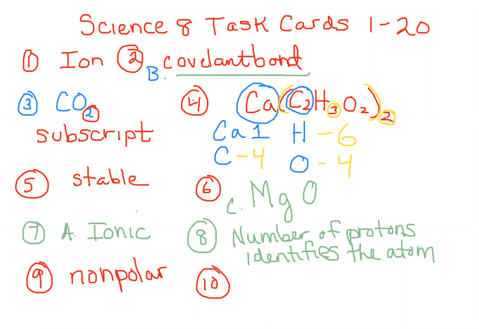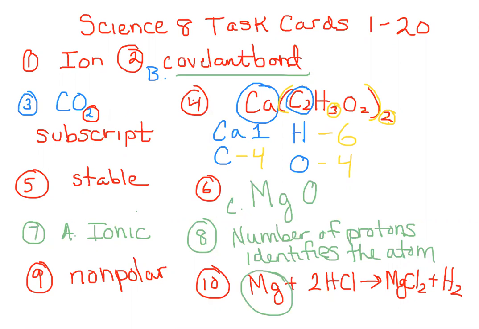Number 10, what type of chemical reaction is this? Mg plus 2HCl yields MgCl2 plus H2. Okay, what kind of chemical reaction is this? Well, if you see the Mg and the H kind of trade places.